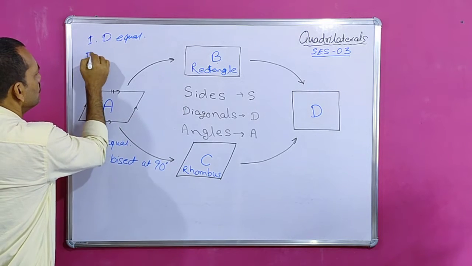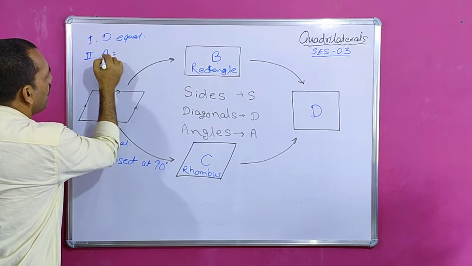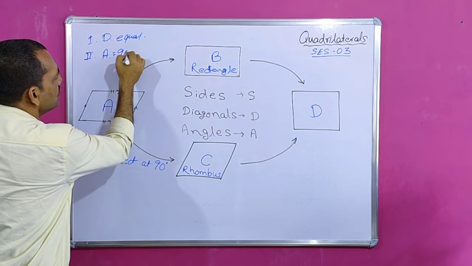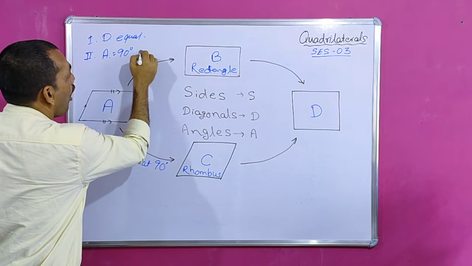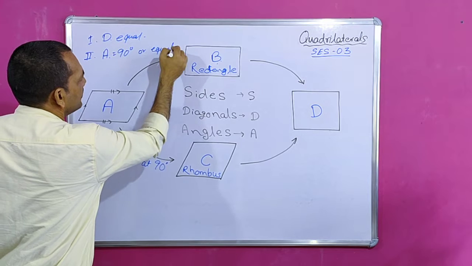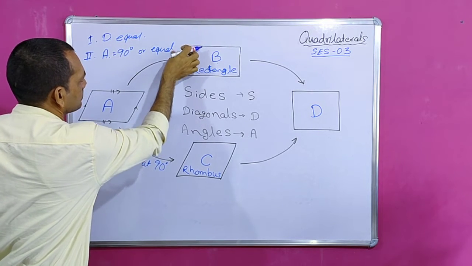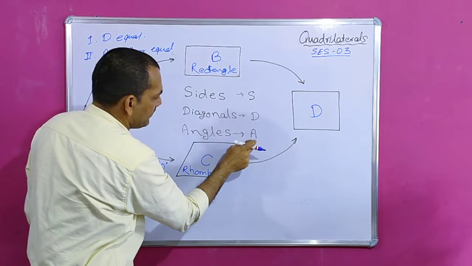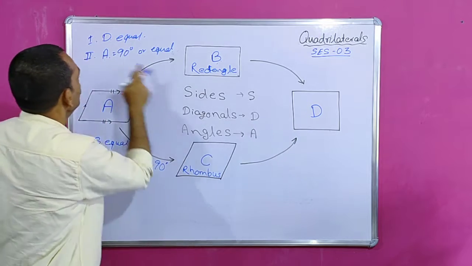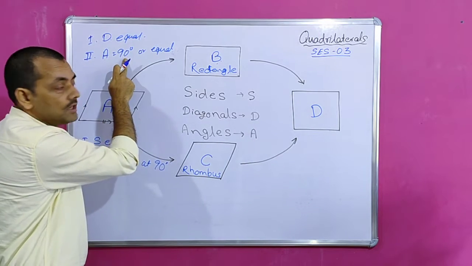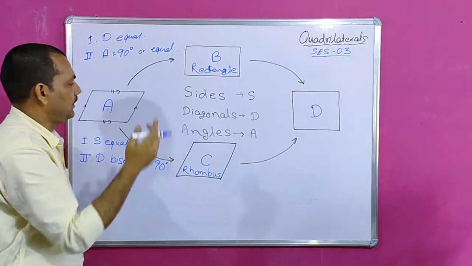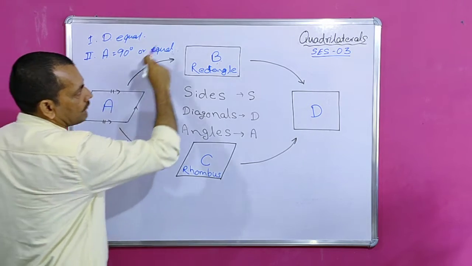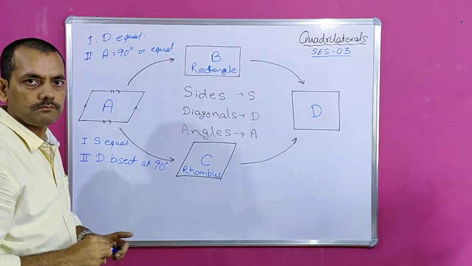So case 2, angles: all the angles equal to 90 degrees, or all angles equal. A means angles, so I am taking the property from here. So if angle A is equal to 90 degrees or all the angles are equal, in that case a parallelogram will become a rectangle. Okay.